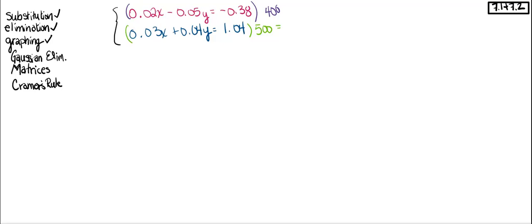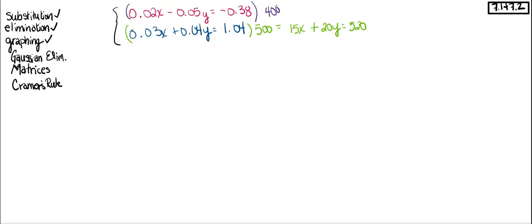So I get 500 times 0.03, and that gives me 15x, because I moved my decimal place 2 places to the right, then multiply 5 times 3 to get 15. And then I do the same thing here. 500 times 0.04 gives me plus 20y, and then 500 times 1.04 gives me 520.